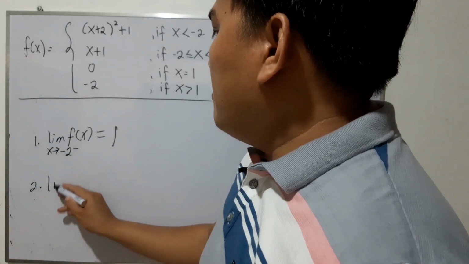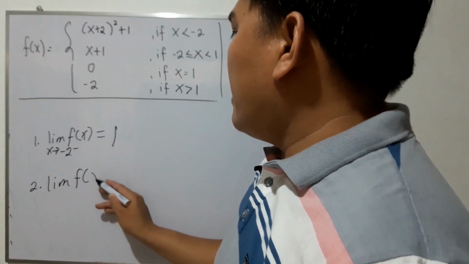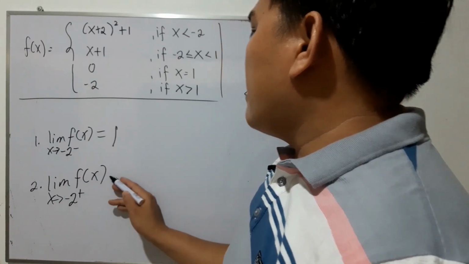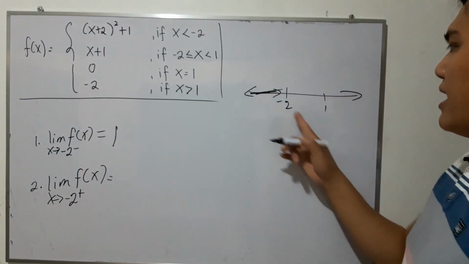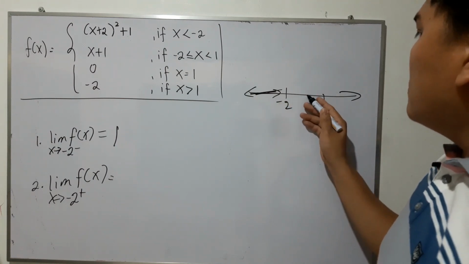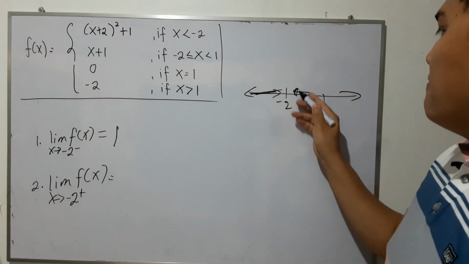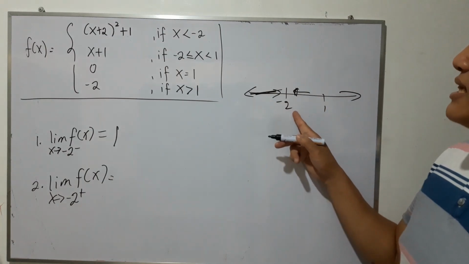Okay, how about if we have the limit of f of x as x approaches -2 from the right? If you're from the right of -2, you are going to have values greater than -2.